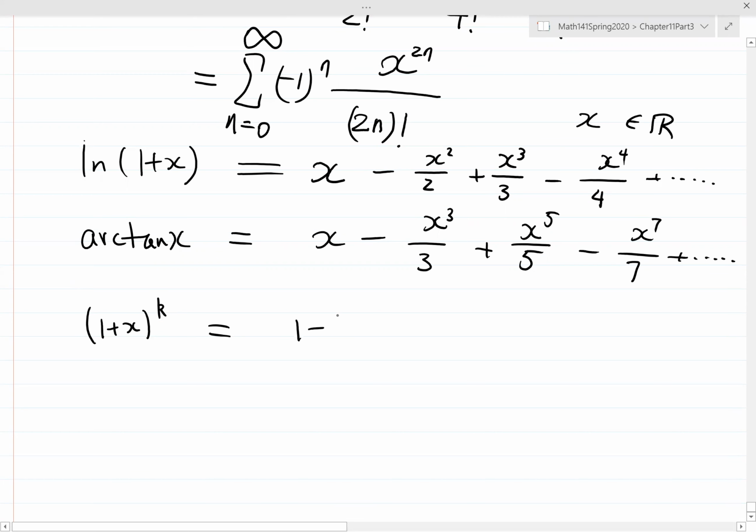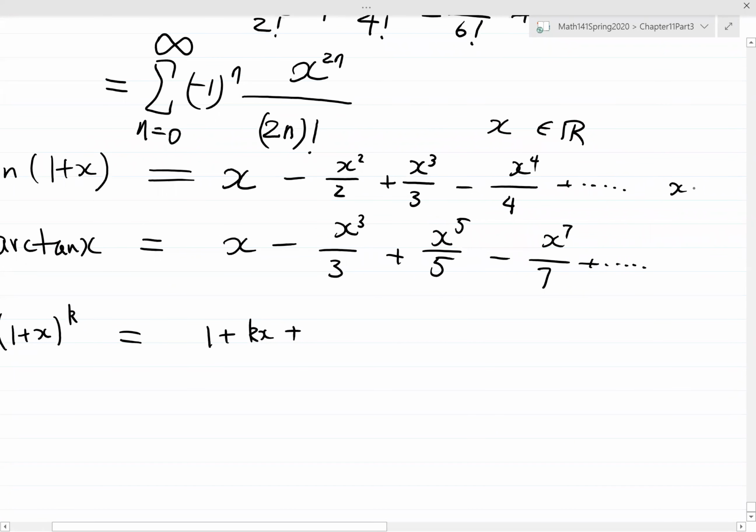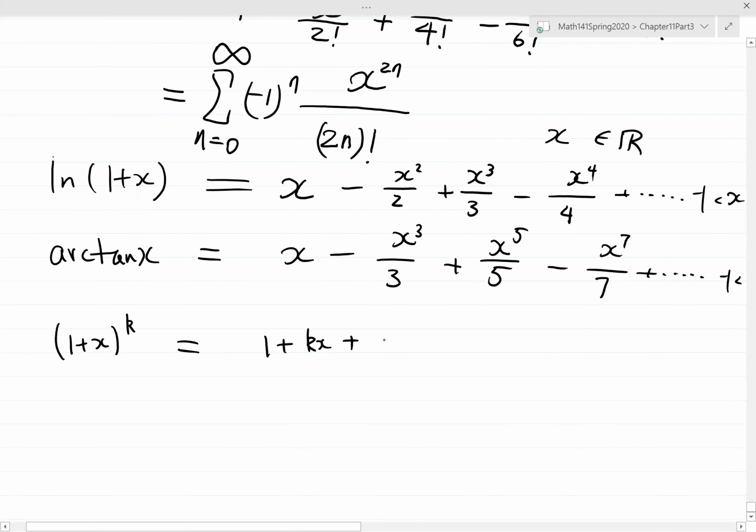This is 1 plus kx plus k(k minus 1) over 1 times 2 times x squared, then k(k minus 1)(k minus 2) over 1 times 2 times 3, so 3 factorial, times x cubed, etc. For ln, x is from minus 1 to 1, and it can be equal to 1.